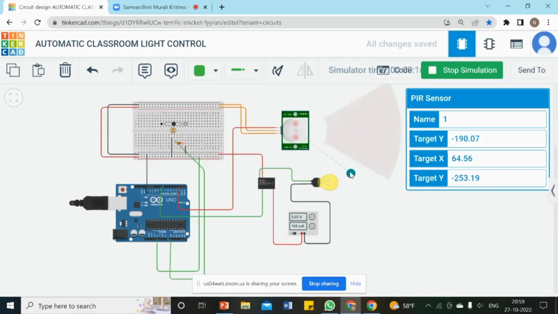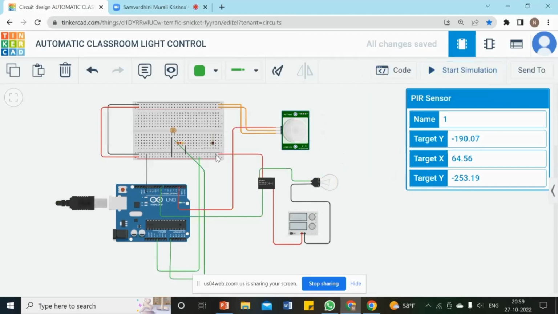We can vary the intensity of the light accordingly here. So when the sensor detects nobody, it will not glow. Here we can see that the power supply to this light is off. When we modify this frequency, we can also make this light turn on and off. It is automatically done by our project.